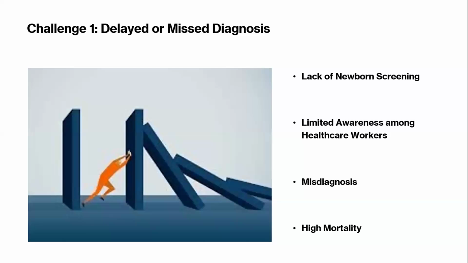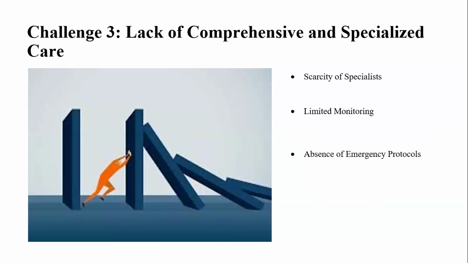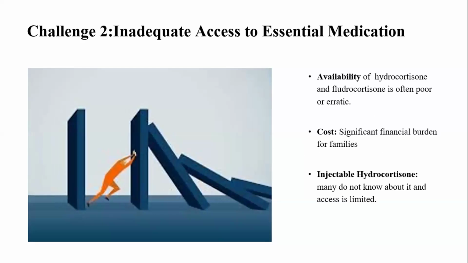And the second challenge, I'll move on to the second one, is inadequate access to essential medication. This one is a very heartbreaking challenge, because I believe, and we know, that it's essential for every child to have access to essential medication, no matter their condition.